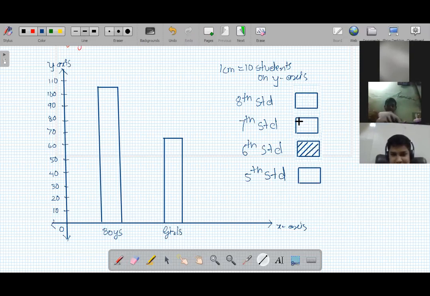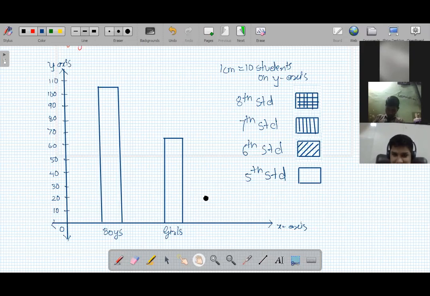Then standard 7th will be denoted with straight lines. And for standard 8th, checks. So 5th standard is blank, 6th standard is slanting lines, 7th standard straight lines, and for 8th standard checks. Okay, now we'll start drawing it.